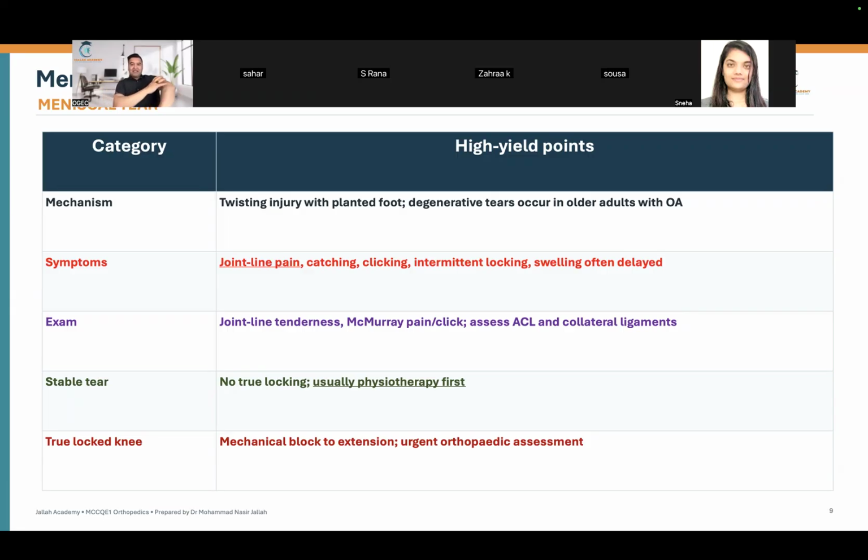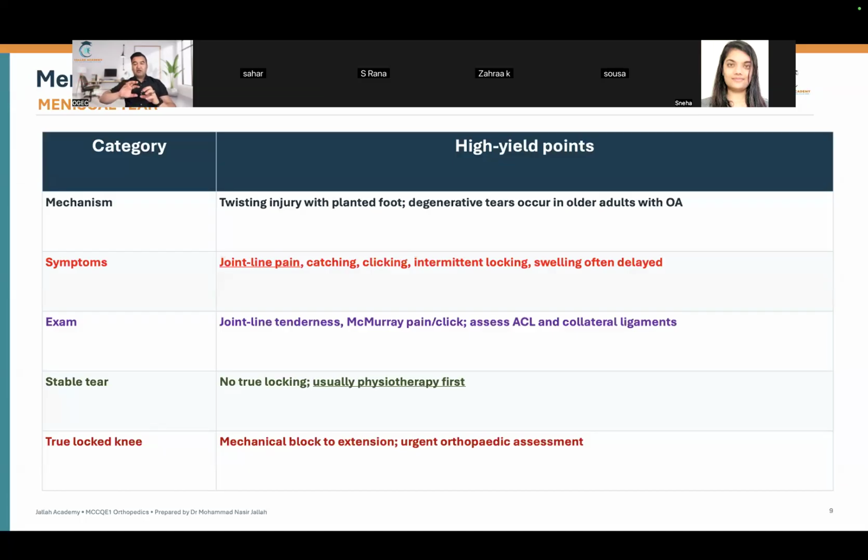It is the mechanism in someone who is an athlete and a young patient who gets meniscal damage through trauma. But these menisci can degenerate and start tearing due to degeneration, which occurs in the elderly, due to osteoarthritis.